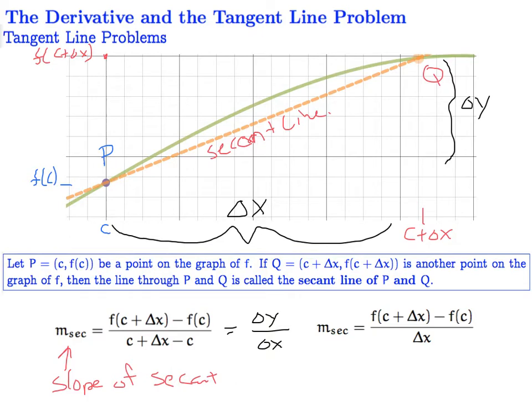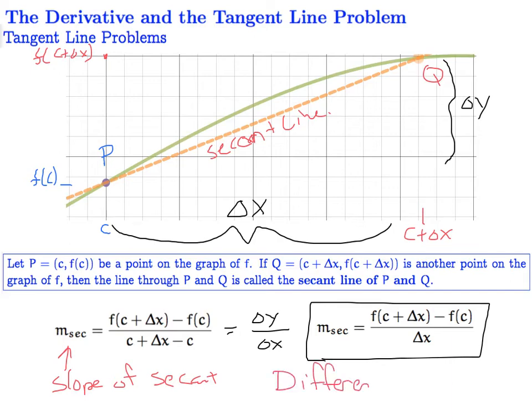And so we have this quantity over here, which is the slope of our secant line. It's the change in our vertical divided by the change in our horizontal. And this quantity is also a lot of times called the difference quotient. The reason for this, of course, is because in this quantity we take the difference between some numbers, both in the numerator and the denominator, and then we take the quotient of everything. So it's just called the difference quotient.